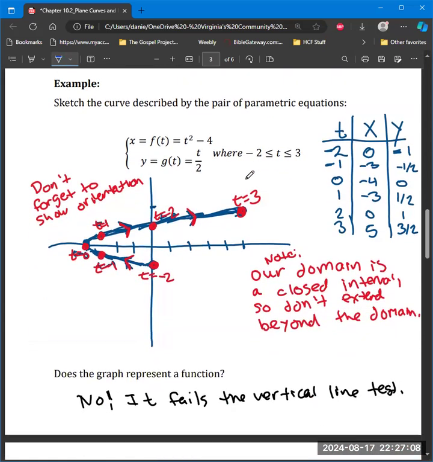So we'll now sketch a curve described by the pair of parametric equations here. And we have the system of equations x equals f of t is equal to t squared minus 4, and y equals g of t is equal to t over 2, where t is between -2 and 3.